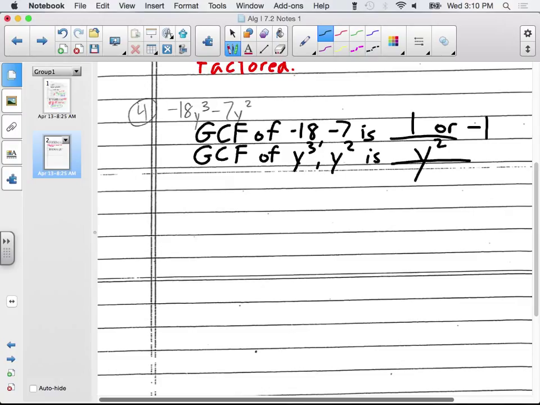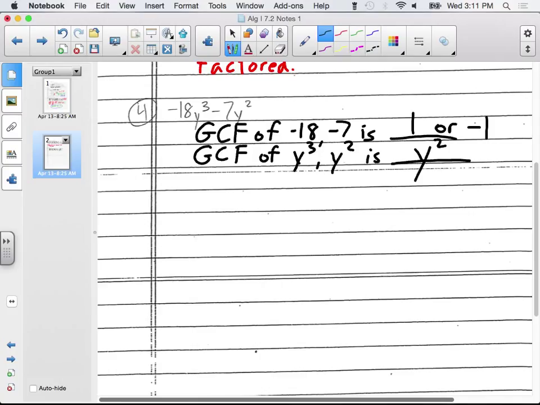Let's write this out. Letters are confusing, aren't they? So this one, y cubed, is y times y times y, right? Y squared is y times y, right? They have two y's in common, so that'd be y squared. What is the greatest common factor in there?